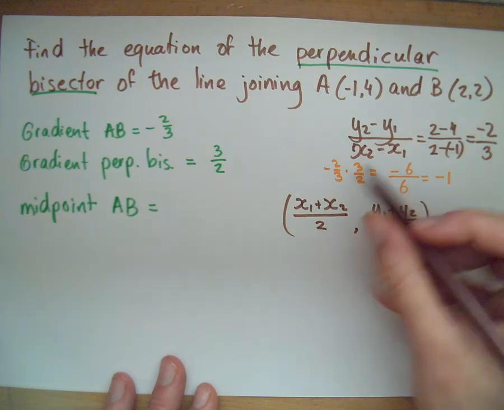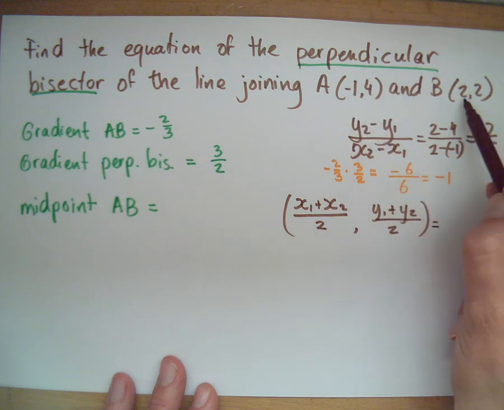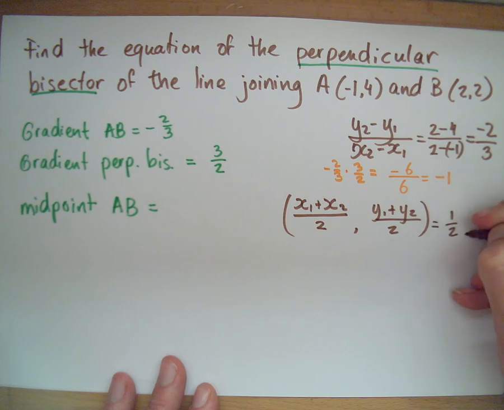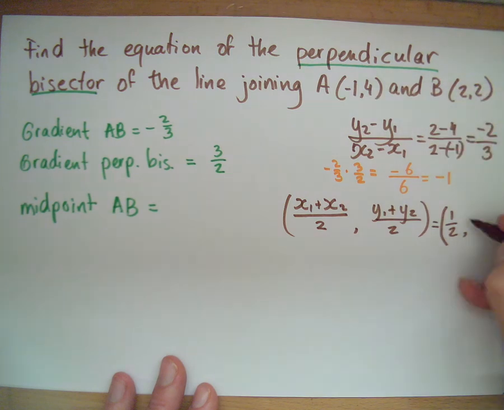In this case, that would be x1 plus x2. That equals 1, right? 1 divided by 2. The y values added up, 4 and 2 is 6. We divide that by 2.